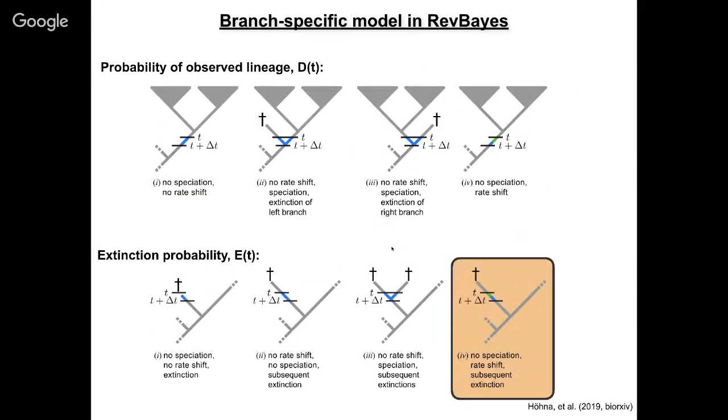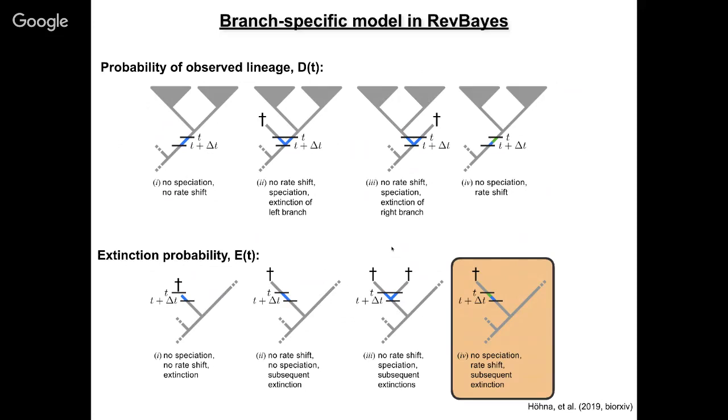Because there has been quite a lot of debate about our implementation, and previously we have criticized other implementations such as BAM, let me go back to what is really different in our implementation. What I highlighted here is that our extinction probability is allowing for rate shifts.